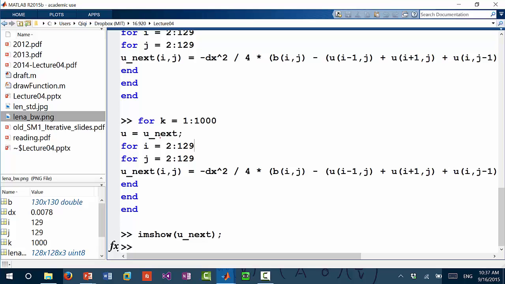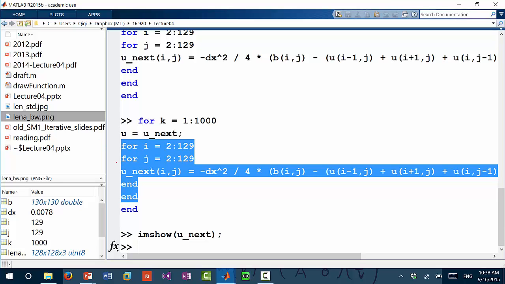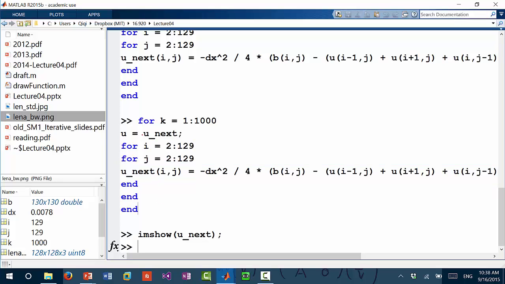Good. The suggestion is after the ij loop for updating the solution, if I know the normal derivative is equal to something, then I can update also the boundary values of U next according to the second value closest to the boundary, right?